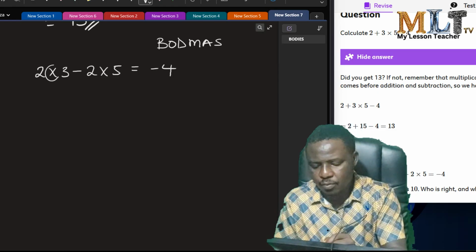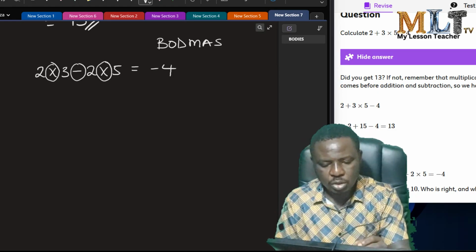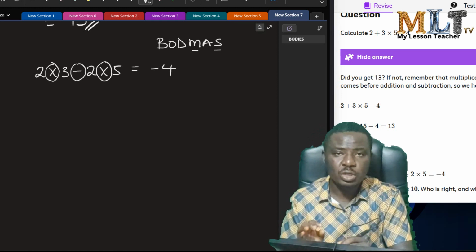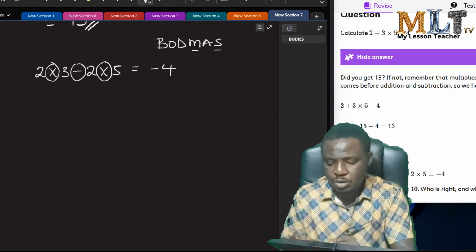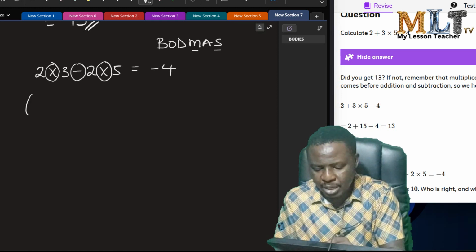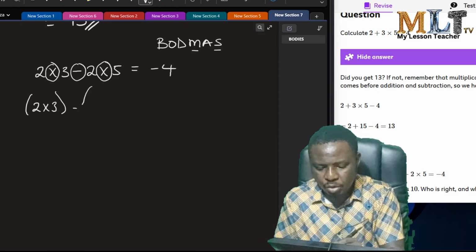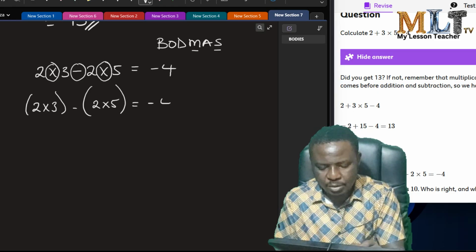We have multiplication, subtraction, another multiplication. So we have multiplication and subtraction. You first of all carry out the operation of multiplication, and I'm going to put it in brackets. That is to say 2 times 3 minus 2 times 5 is equal to minus 4.